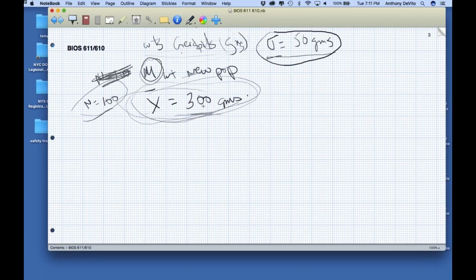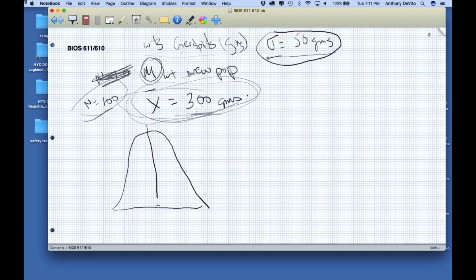Okay, well, what's going to happen here is we're going to take this information that we have. We're going to say to ourselves, let's look at how we would expect those gerbils to be distributed if this were the mean for this population.